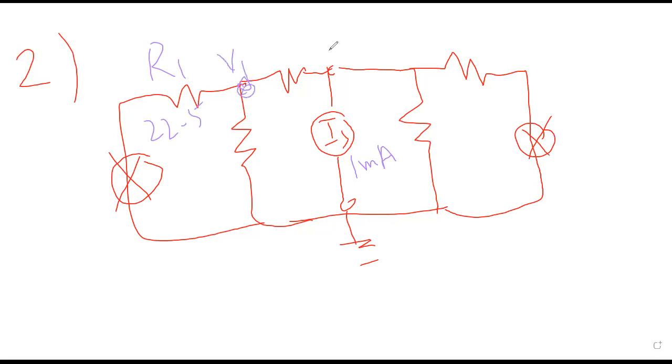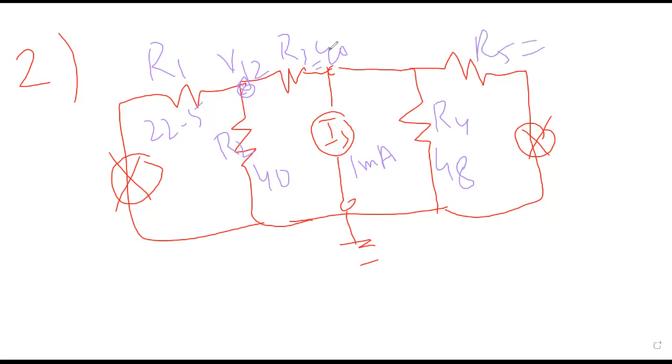Now the loop is 2, so it must be V12. This is my R2. R2 value is 40. The value of R3 is also 40. This is R4. R4 value is 48.